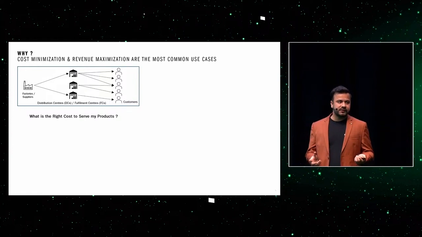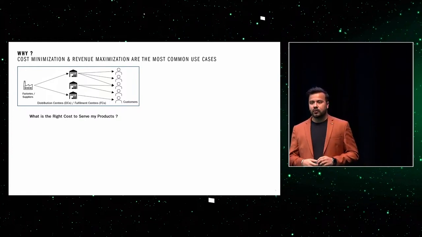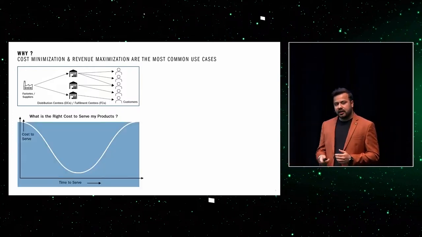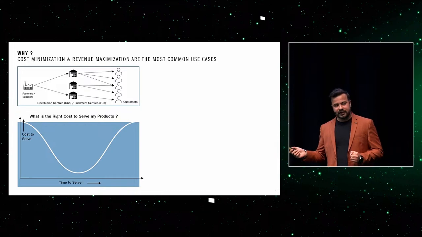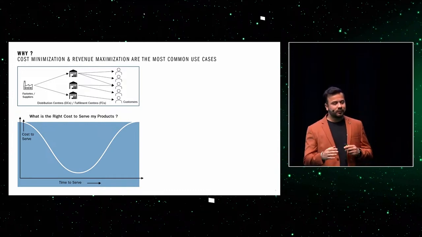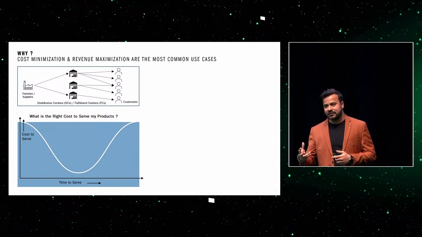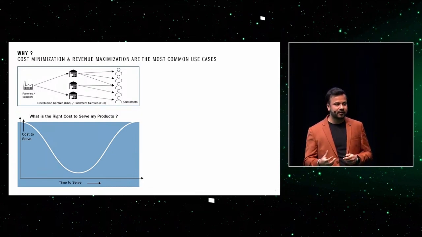Now the tricky part is, where should I set up my distribution centers and fulfillment centers, and how many should I set up, right? Let's draw a graph between cost to serve and time to serve, and you will get a bell-shaped diagram. This would probably take you back to your school mathematics days, where we used to explore differentiation and integration for global minima and global maxima.